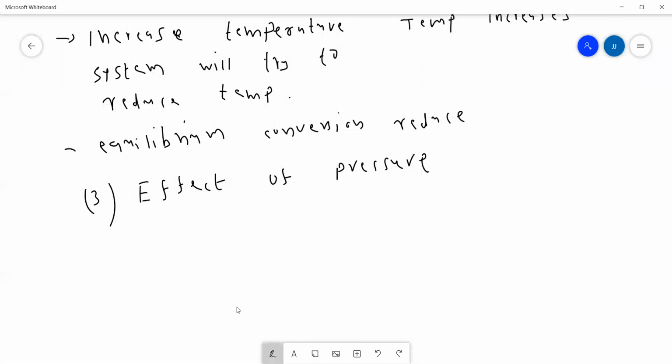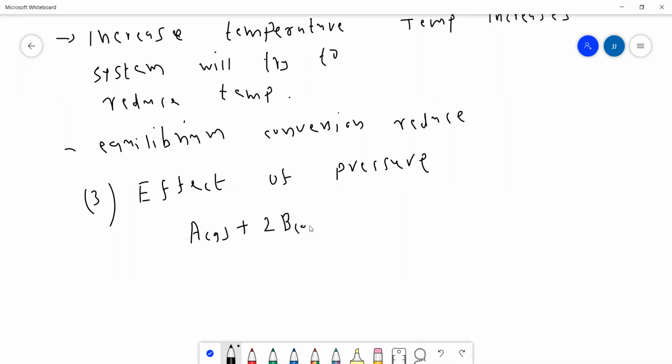Let's say, for example, we have A gas plus 2B gas, and this equilibrium reaction will produce 2C gas plus D gas. This is the gas phase reaction.